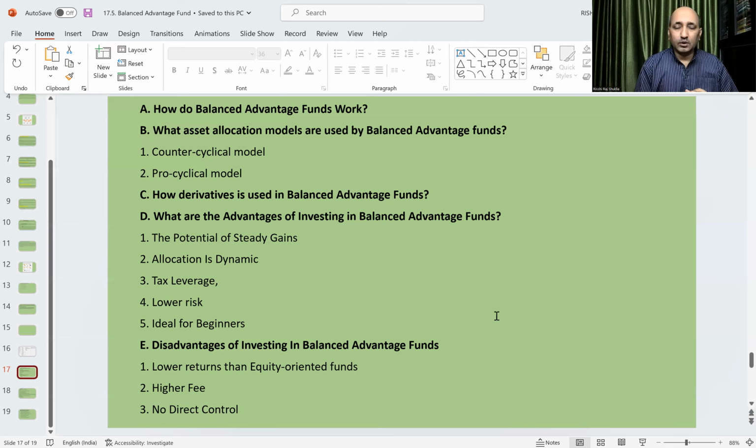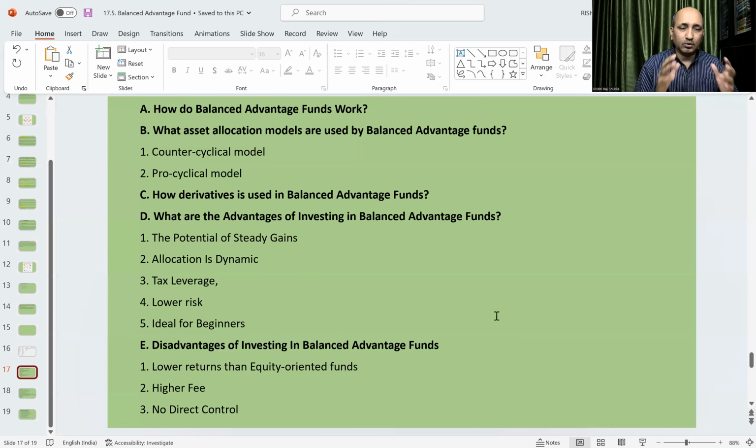Hierarchy, of course, because both are there. So the fund manager needs more analysts: one set of analysts for equity, another set for debt, and some also for arbitrage. So all this costs money, so usually balanced advantage funds have a higher fee.